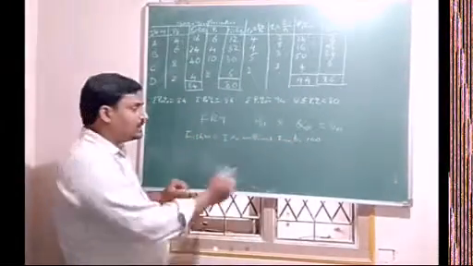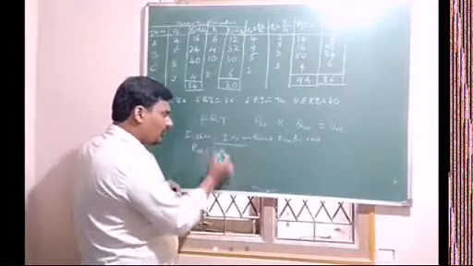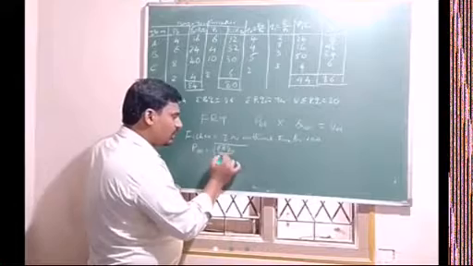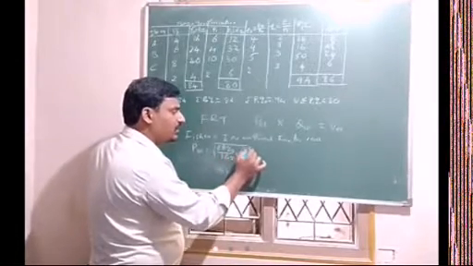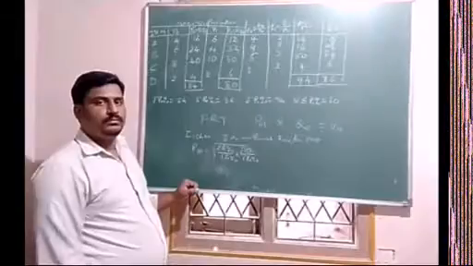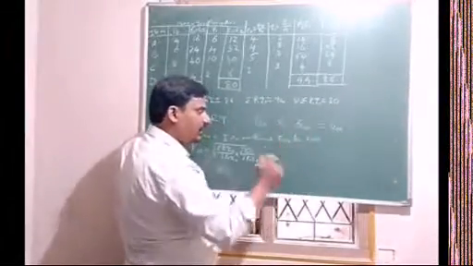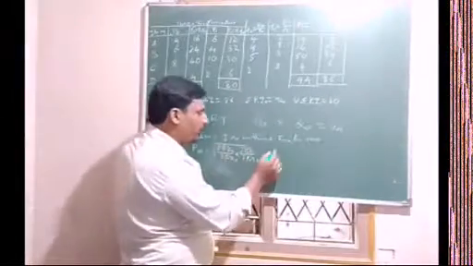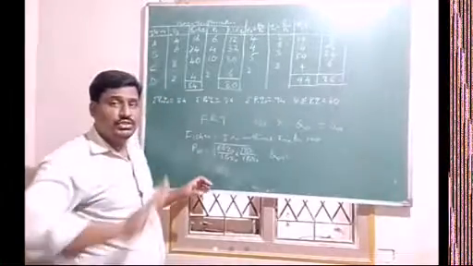The price index number P01 is equal to the root of summation P1 Q0 divided by summation P0 Q0, into summation P1 Q1 divided by summation P0 Q1. No 100. Then the quantity index number, when we interchange price and quantity. In the place of P, we are putting Q here. Q01 is equal to. The time is not changed here.